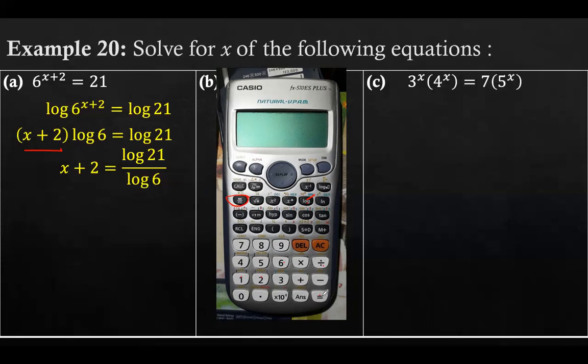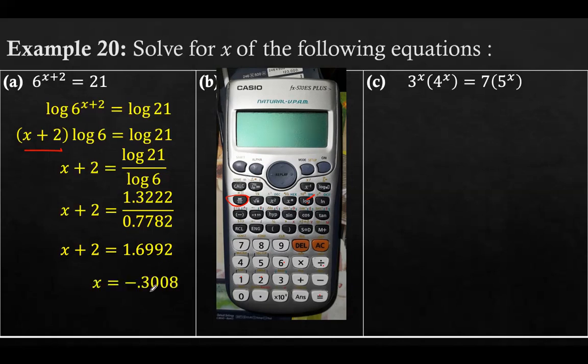You should get the same value. Manually you get 1.32222 over 0.7782, but if you use this function you will get the answer straight away. That is 1.6992.